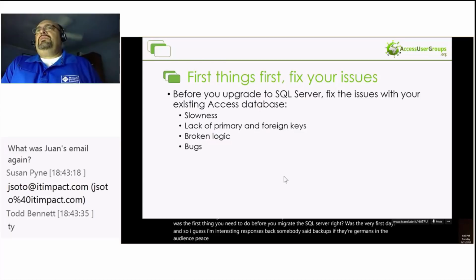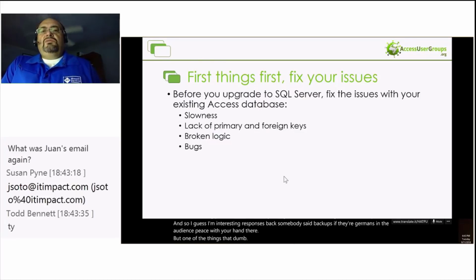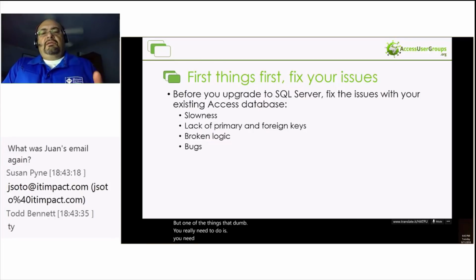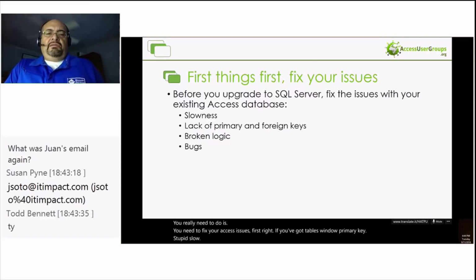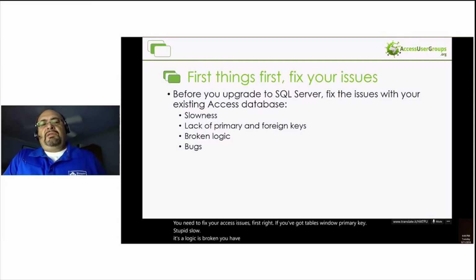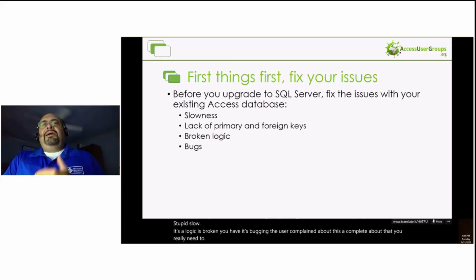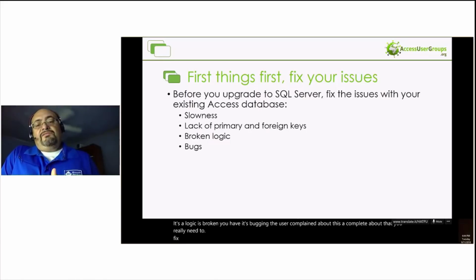But one of the things that you really need to do is fix your access issues first, right? If you've got tables with no primary keys, if it's slow, if the logic is broken, if it's buggy, if the users are complaining about this or that, you really need to fix those issues, and then you can upgrade to SQL Server, because if you don't, SQL Server is going to magnify those problems, right?